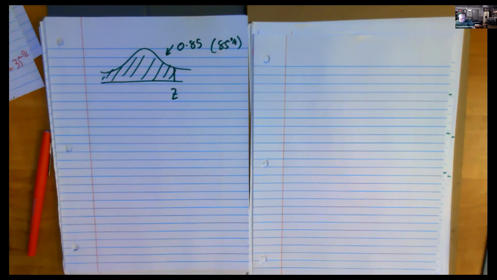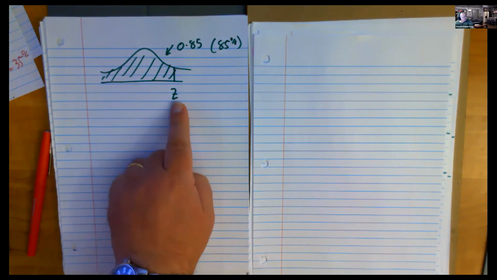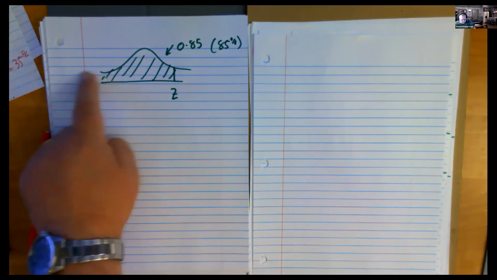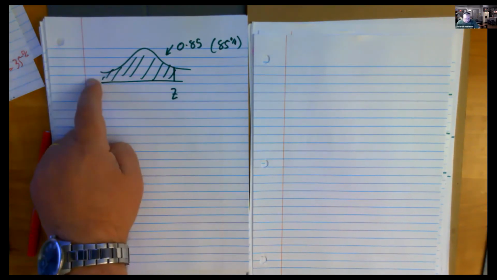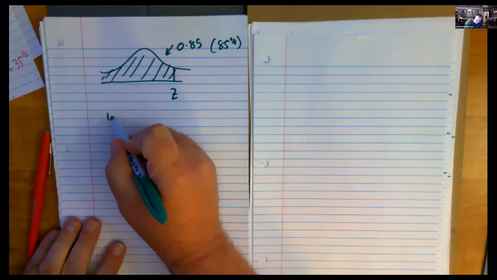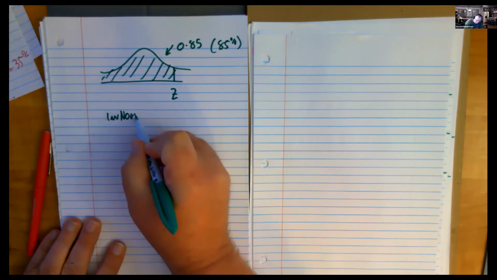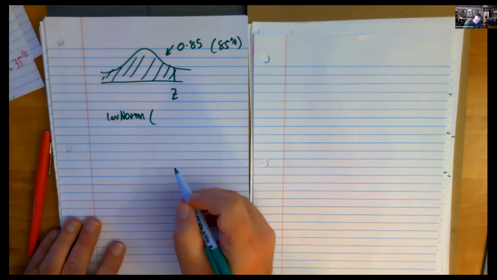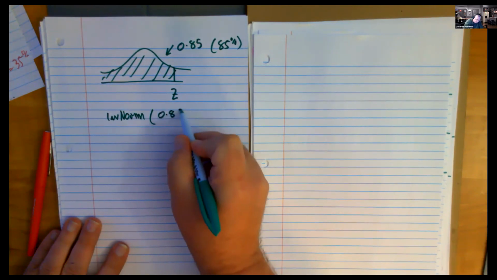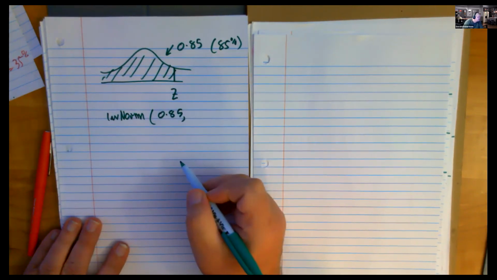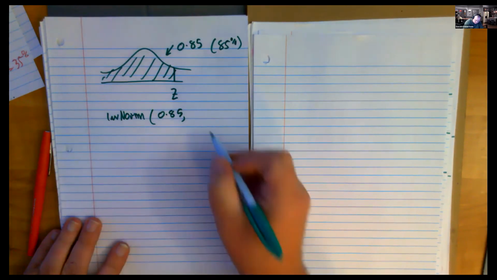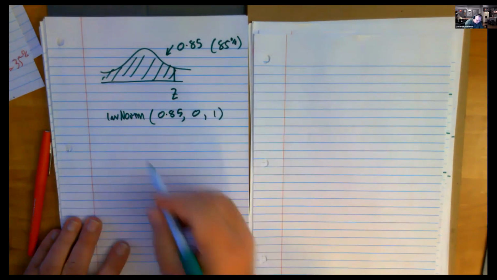And so the inverse norm calculation will tell me the z-score that will give you 85% of the data to the left. So that's going to be an inverse norm. 0.85, because you always write 0.85, not 85. You always do it as a decimal. And 0 and 1.